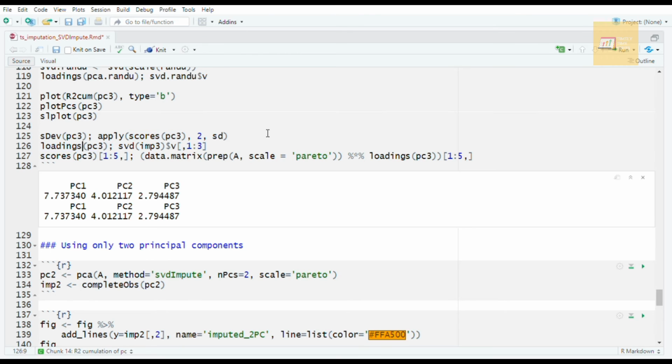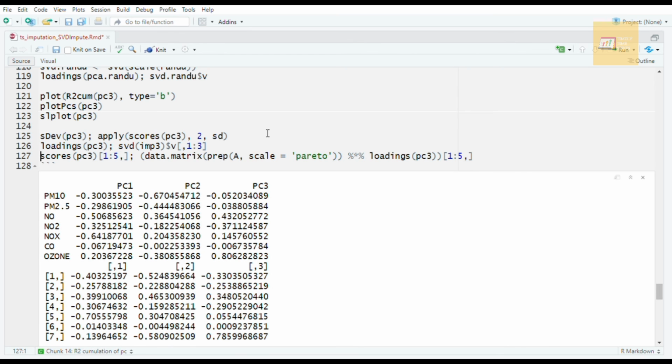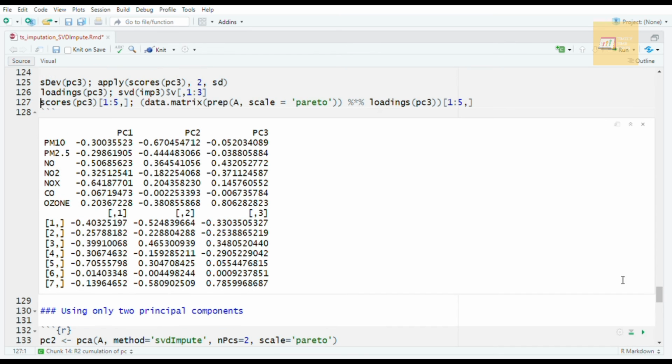Okay, and then the next is loadings. I said earlier that the loadings are the columns in matrix V, so I tried to compare the loadings with taking the matrix V from the SVD function. Now, as we can see, we have slight differences, but maybe this is because we run the SVD function and take the V matrix from the imputed data.